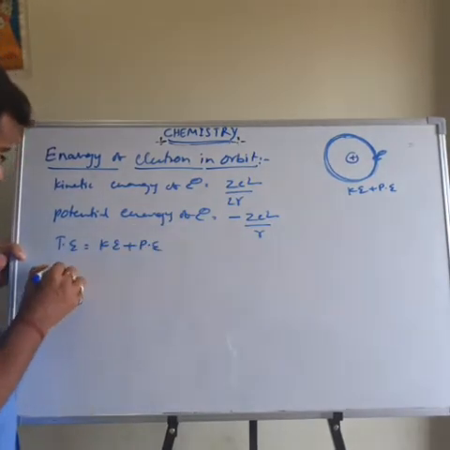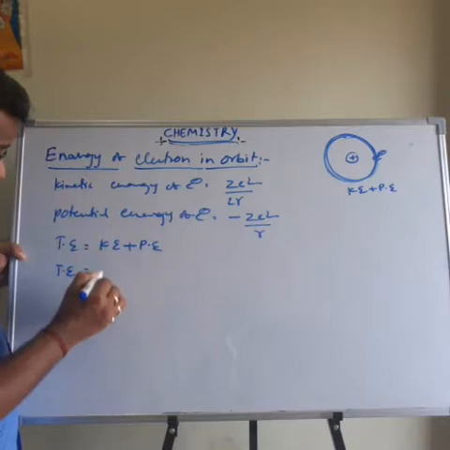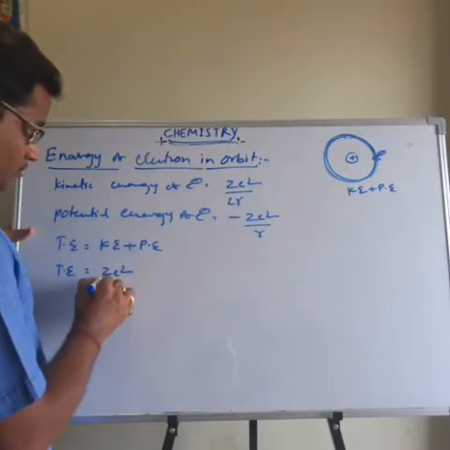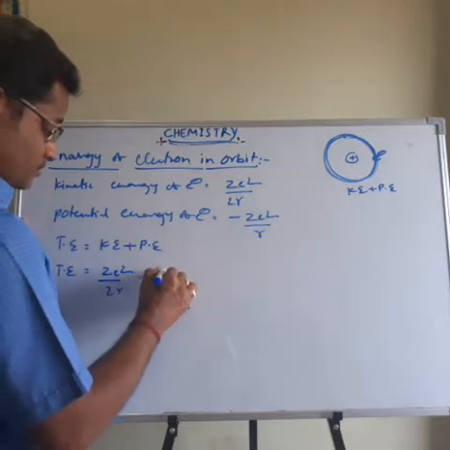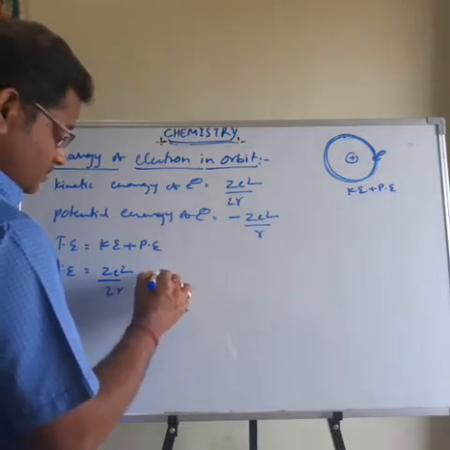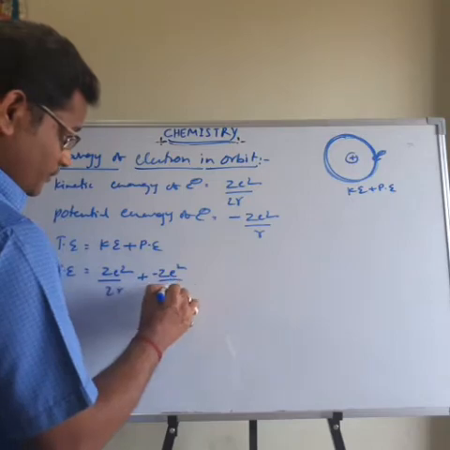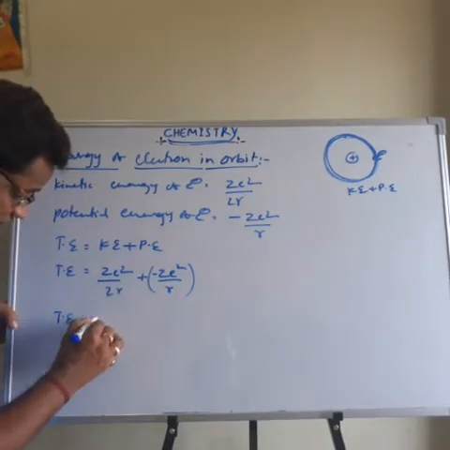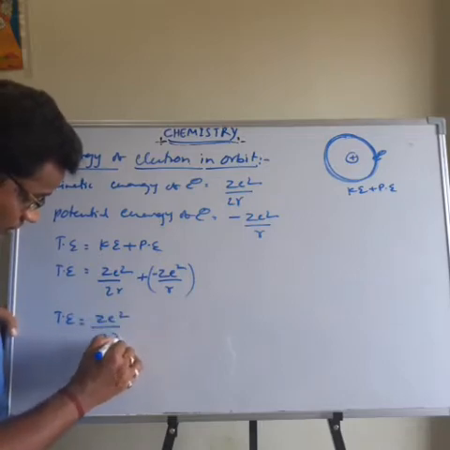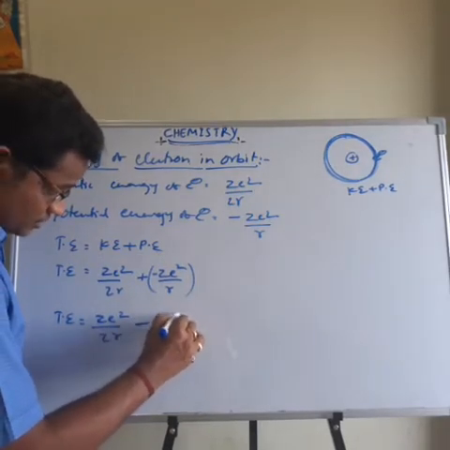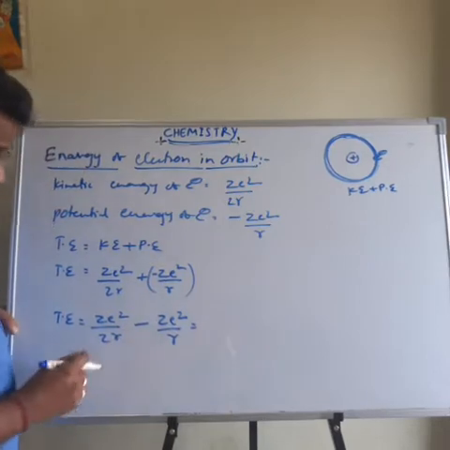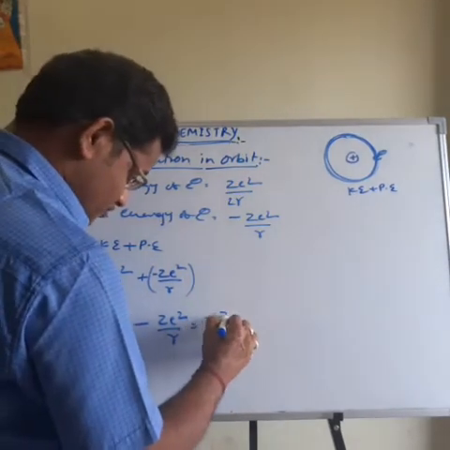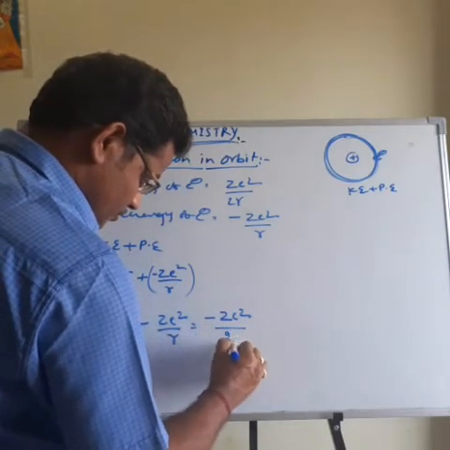Therefore, the total energy is equal to kinetic energy, Z E square by 2R, plus minus of Z E square by R. Minus into plus is minus, so the total energy is equal to Z E square by 2R minus Z E square by R, whose value is minus Z E square by 2R.